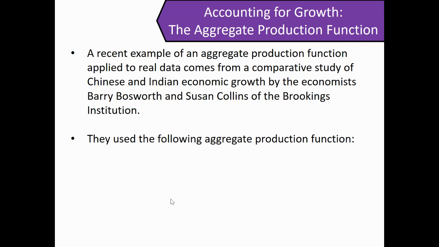So when we take a look, a recent example of the aggregate production function applied to real data from China and India, showing some of their economic growth. The economists Barry Bosworth and Susan Collins from the Brookings Institution looked at the following.